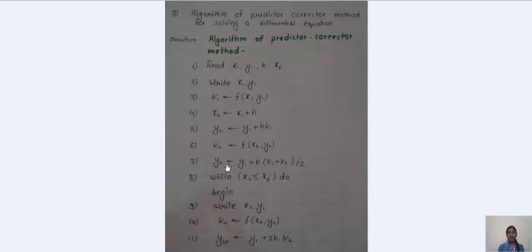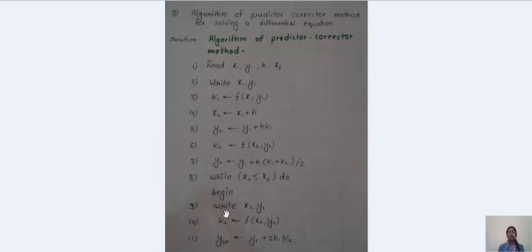Next we find y2 equals y1 plus h into k1, that is the value of the function at the point x1, y1 plus k2, that is the value of the function at the point x2, y2, upon 2, while x2 is less than or equal to xf is the range in which we find the value of the function.